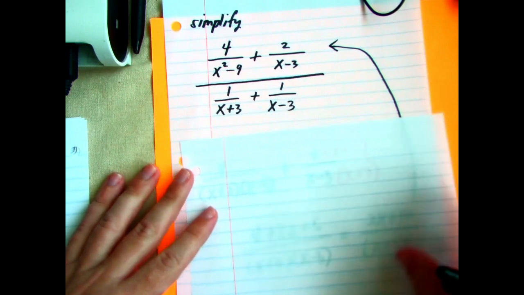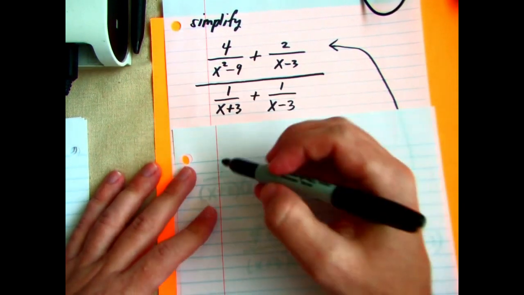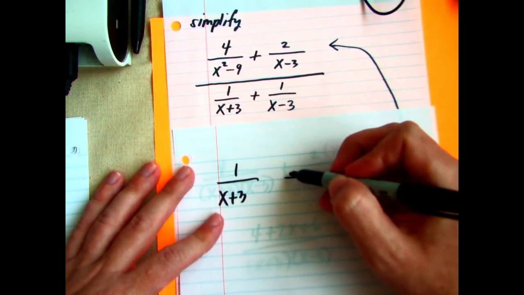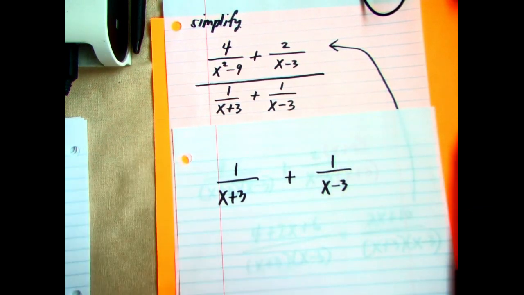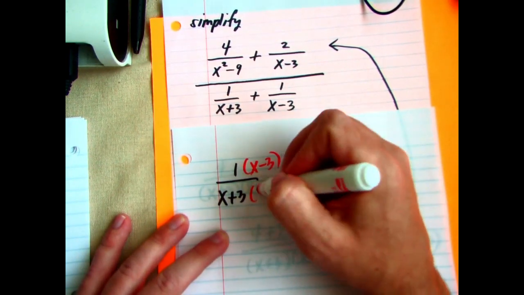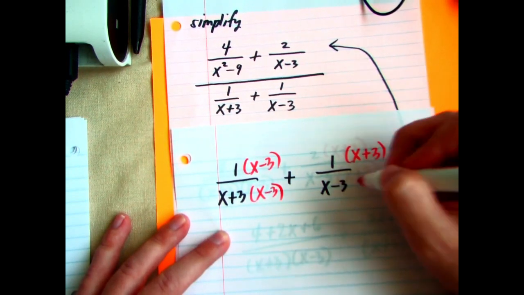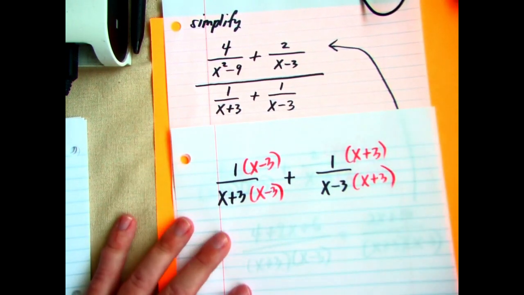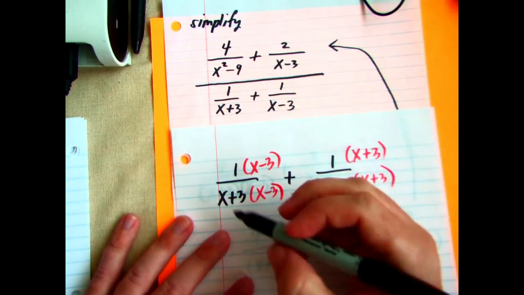Okay, so we just got to do a similar process to this denominator. I got 1 over x plus 3 plus 1 over x minus 3. In red here, I'm going to add in or multiply in what was missing. Missing on the left is x minus 3. Missing on the right is x plus 3. So that gets us our common denominator again.